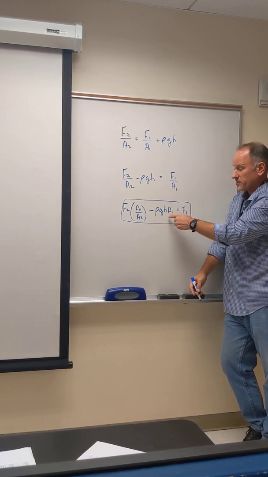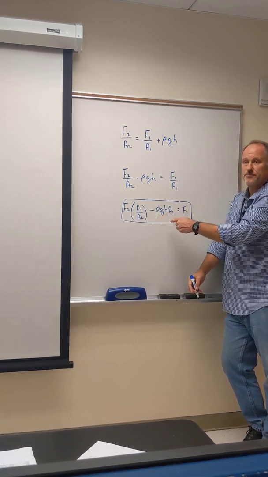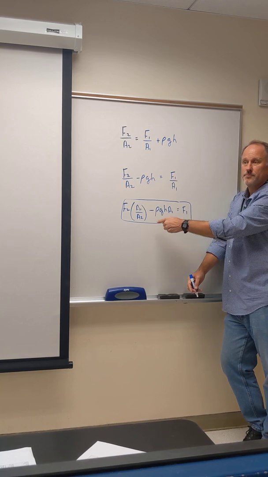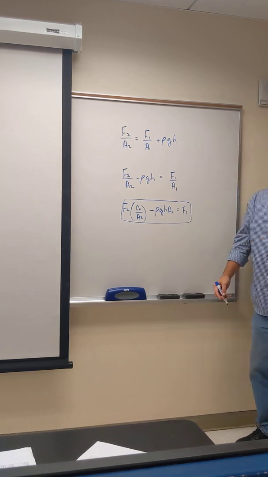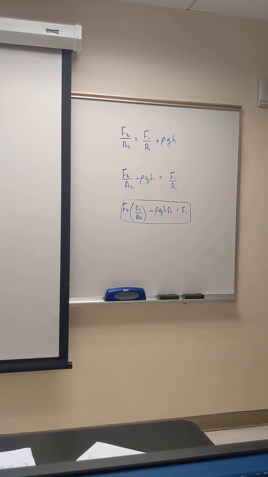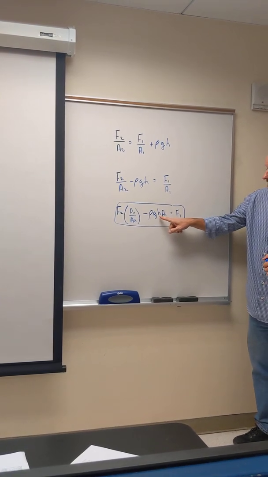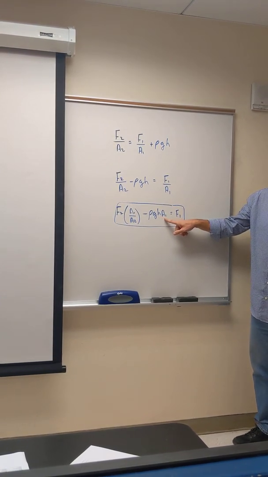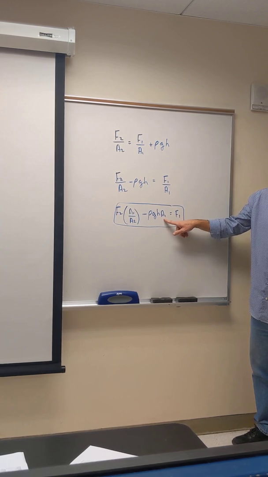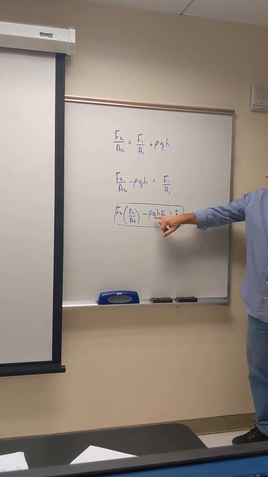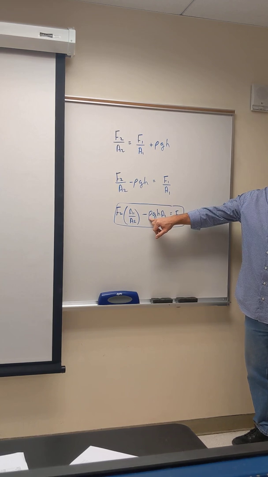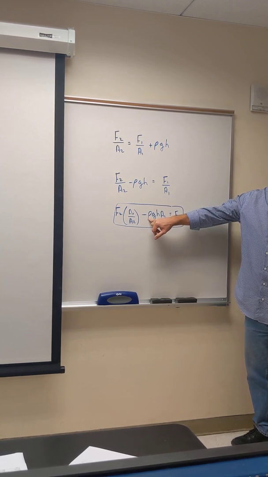And what does this represent? Go ahead, say it. Gauge pressure times area. Kind of, yeah. If you think about this, what is H times A? What is area times height, in general? Volume. If I take volume times rho, I get a mass.